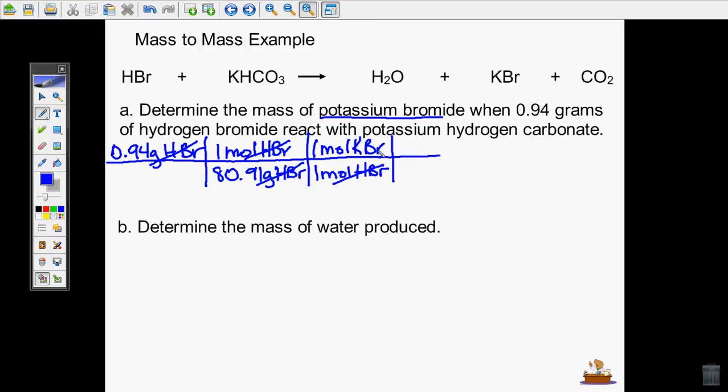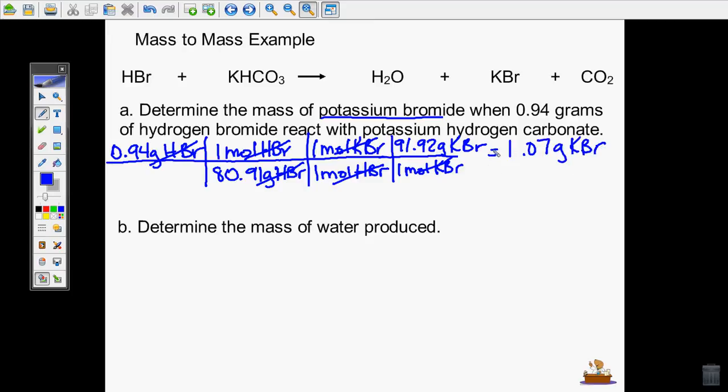I want mass of potassium bromide, so I need my molar mass of potassium bromide, which is, for every 1 mole of potassium bromide, I have 119.00 grams KBr. Okay, so that cancels. So then multiply across the top, divide by what's on the bottom, and you get 1.07 grams of KBr.